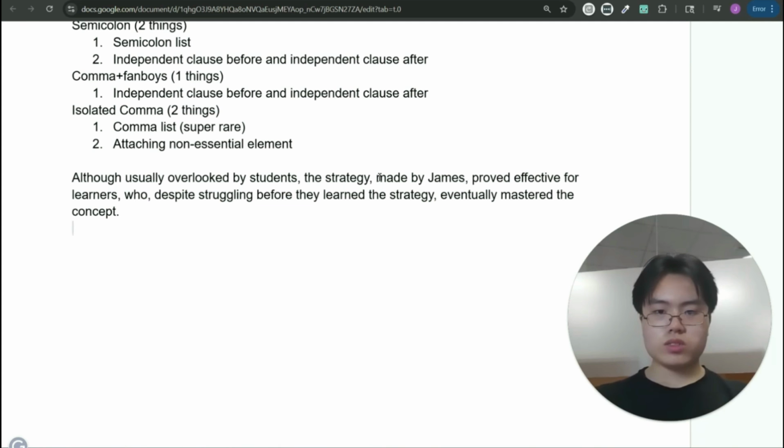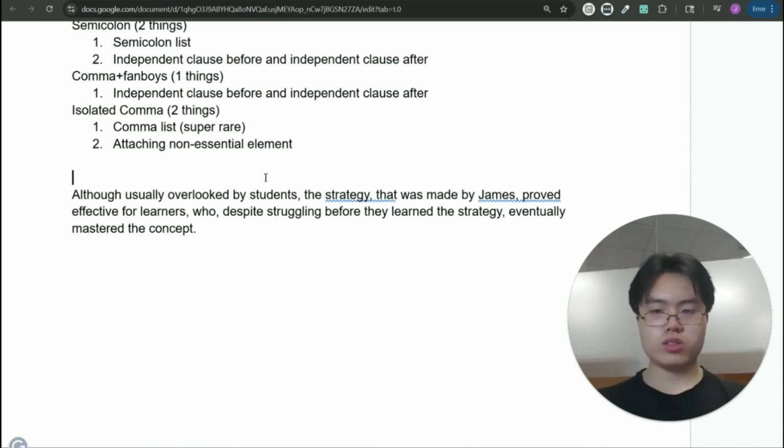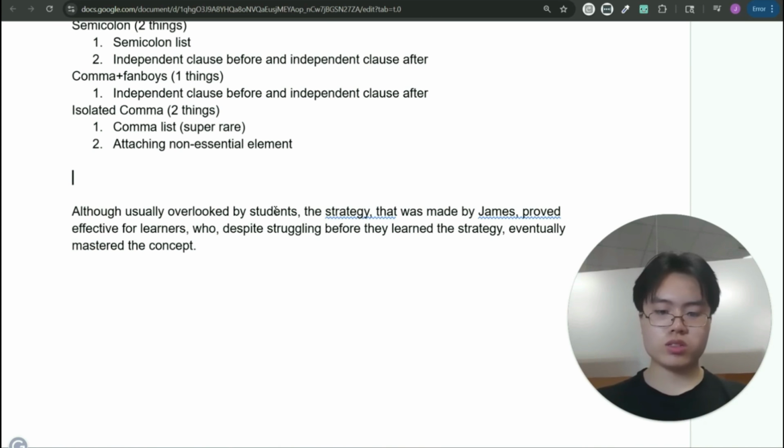So let's say this said, the strategy that was made by James. Now you notice autocorrect said you can't put commas here. This is the only exception to the non-essential element thing, because that is an essential element. That's what the word that does: it introduces essential elements.